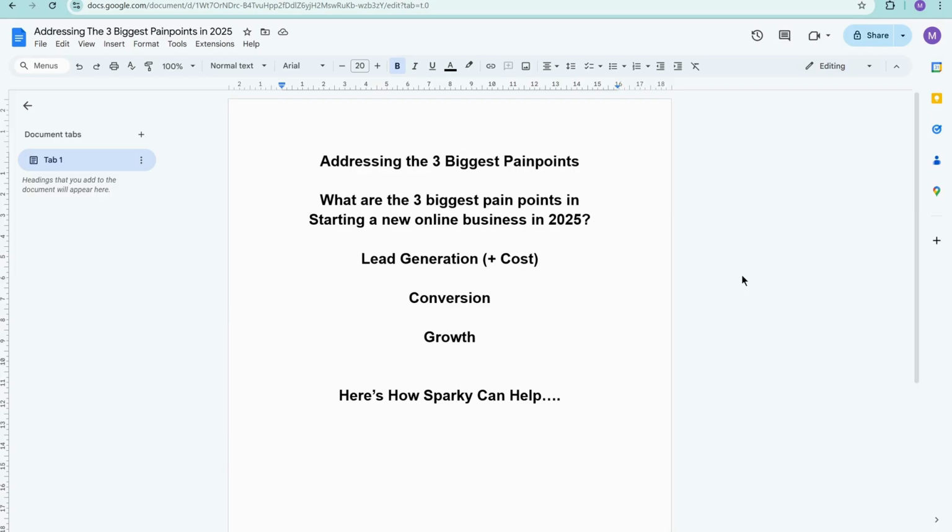Yeah, it's expensive. If you want to scale that and you want 300, 400, 500 people opting into your list that you can email to, and then you want to make sure that the people that are opting in are actually reading your emails, engaging with you, that is a very, very expensive process, right? So lead generation and cost is number one in terms of a pain point.